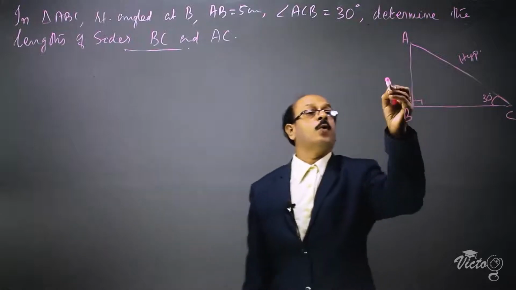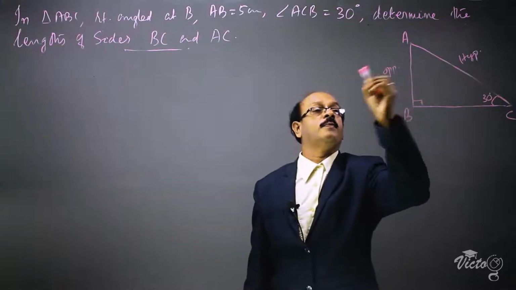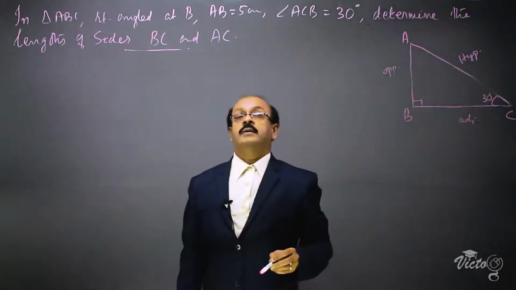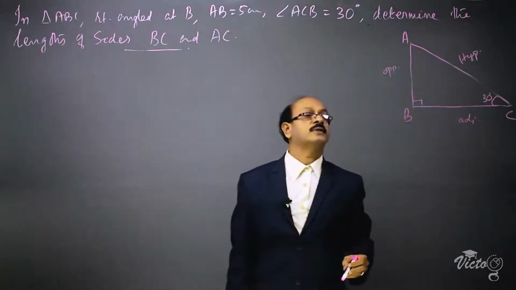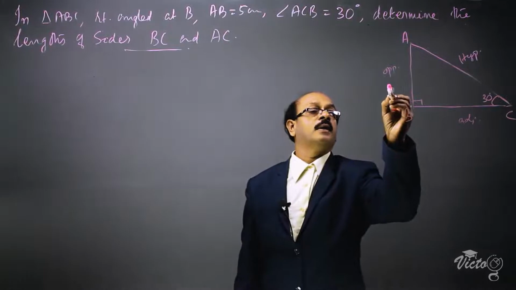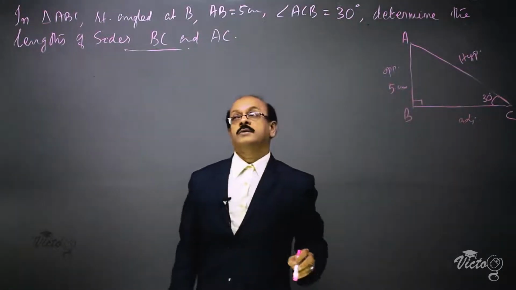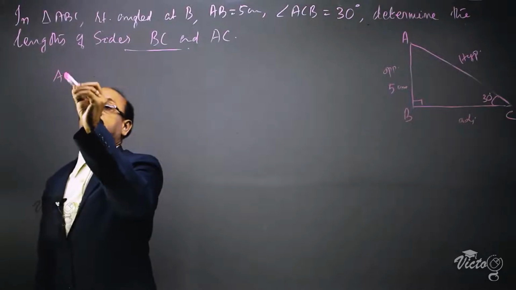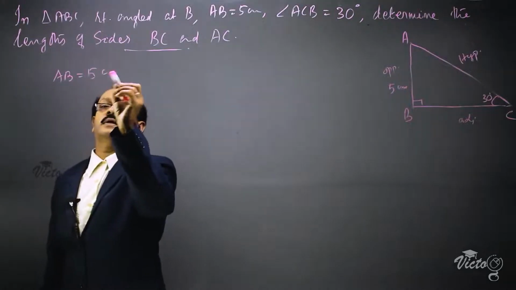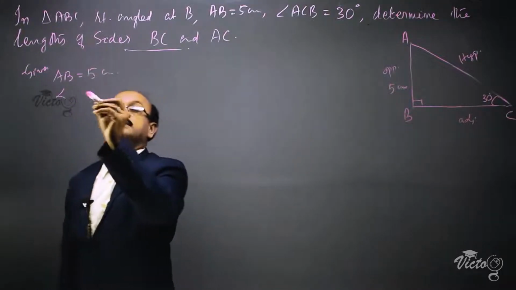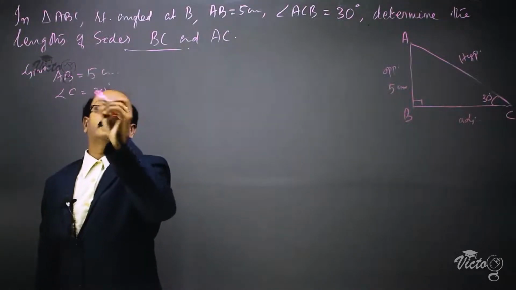So, this is the opposite side of 30 degree, and this is the adjacent side. Now, the length of AB is given to be 5 centimeter. That means the length of the opposite side AB is equal to 5 centimeter. It is given. And angle C is equal to 30 degree.